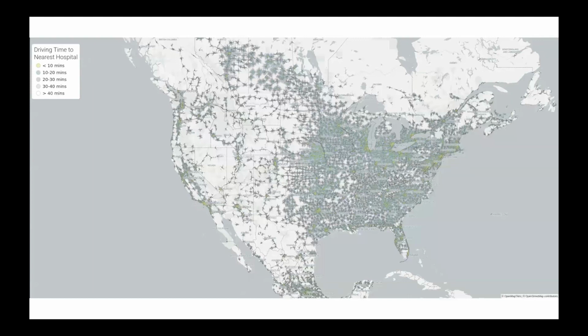I then expanded this approach to all of North America, just using the North America Geofabrik extract. And then, yeah, it's kind of hard to see at this zoom level, which is why it's important to have an interactive visualization where you can actually zoom and pan around the map.